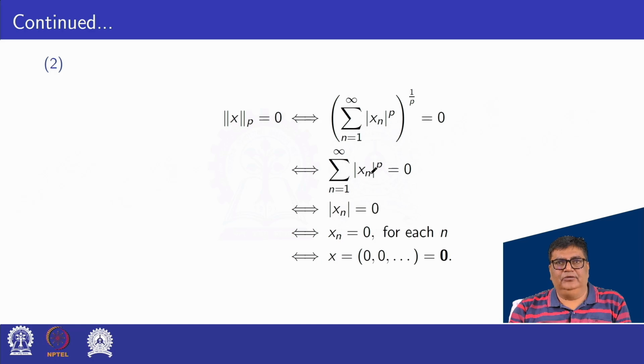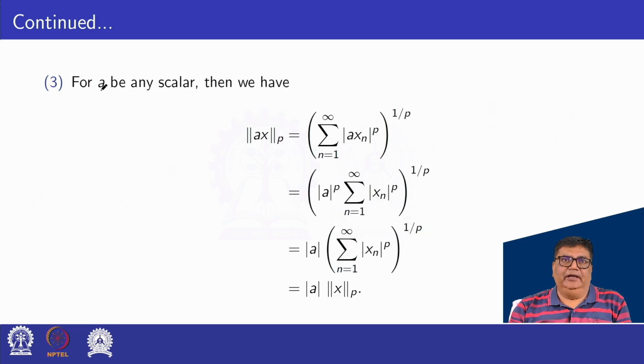This is a sum of modulus values, so there is only one possibility, that mod xn is equal to 0. Mod xn equal to 0 means xn is equal to 0, because it is a modulus value. So x1, x2 and so on, xn, for each n all are 0, that is, x is equal to 0.